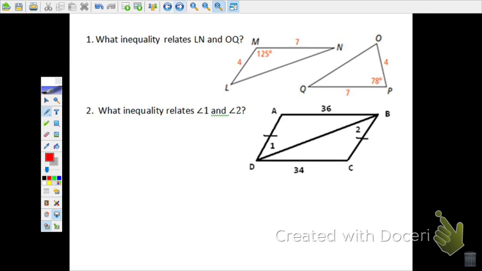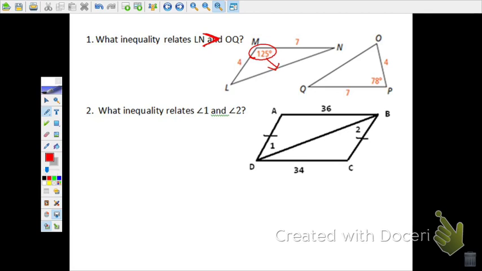Now I'm going to look at the angles, 125 and 78. The big angle is the 125. So that means the long side is LN. So LN is greater than OQ. We're just going to be putting in an inequality symbol in between those two.